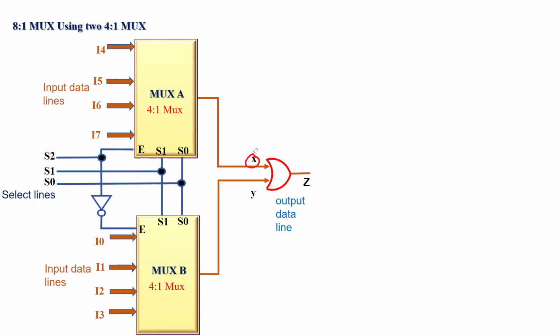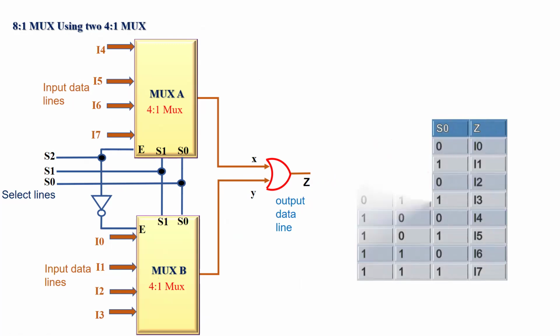So here, a single output data line from MUX A and a single output data line from MUX B, together they are making X or Y. So let us understand how this will work as an 8 is to 1 MUX. It's quite simple to understand by means of a truth table. Because it is now an 8 is to 1 MUX, the full architecture has to have 3 input select lines.